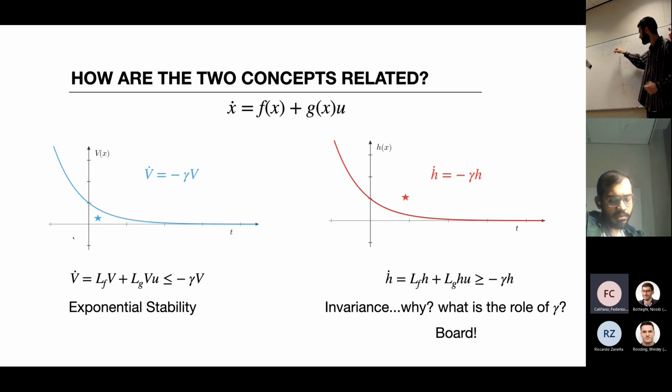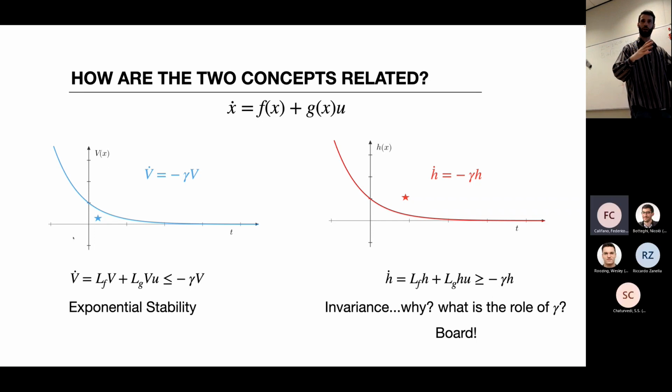Instead, if you do it corresponding to the exponential way, but for CBF, you can play with this lambda, which of course in the general case, we are talking about class K function. I'm making it easy here. You can play with this gamma to modulate when the controller pushes you back, even if you didn't reach yet the boundary.